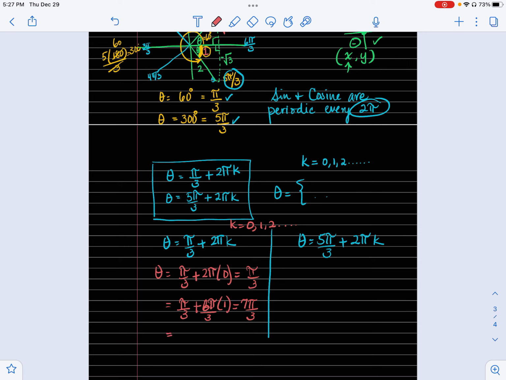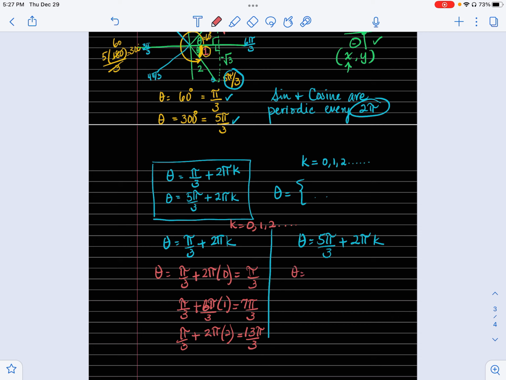And then the next one would be 2 pi times 2, which will make it 4 pi, but then I'll have to convert the denominator, and once you do that math, you will realize this should be 13 pi over 3. Also, you'll figure out a pattern by now. We're simply adding 6 pi, 6 pi, 6 pi in the numerator. But those three are good enough for now.